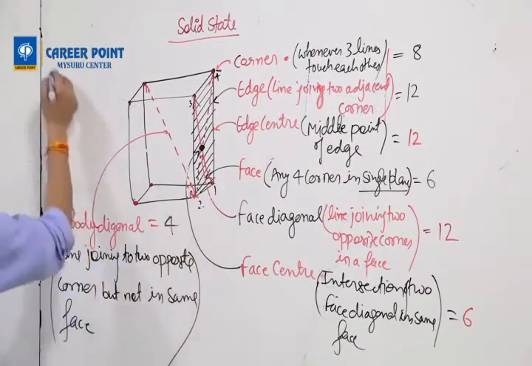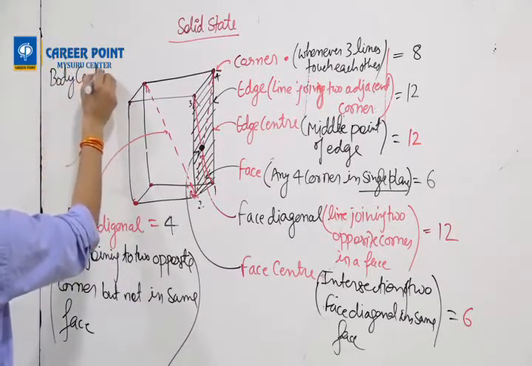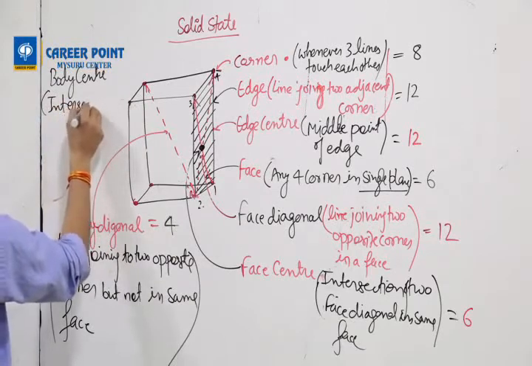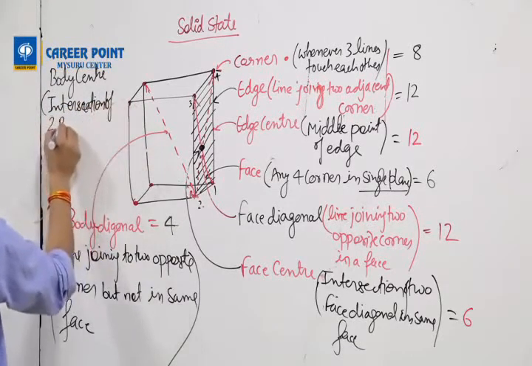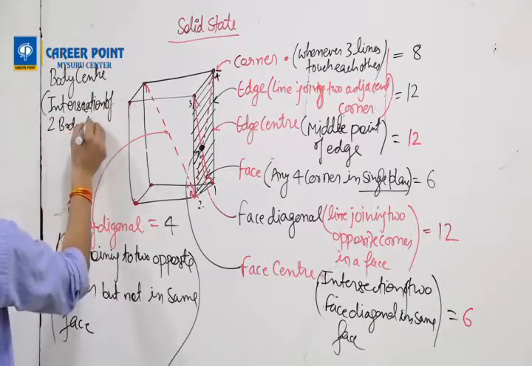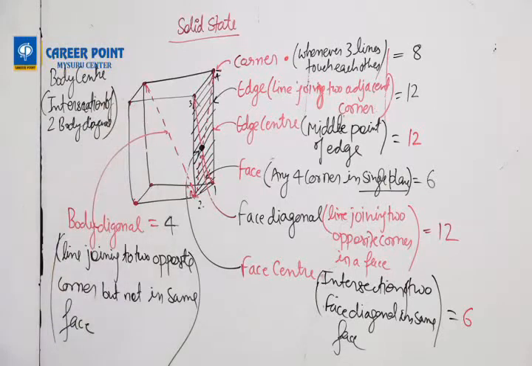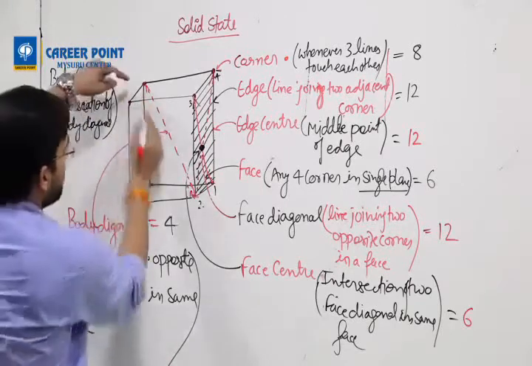Understood? And the last one is known as the body center. The definition is the intersection of 2 body diagonals. So you have to draw 2 body diagonals. One I have plotted.